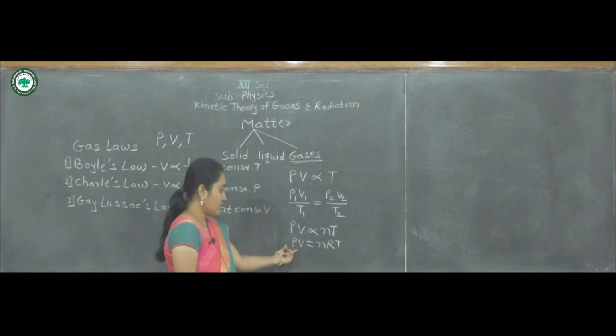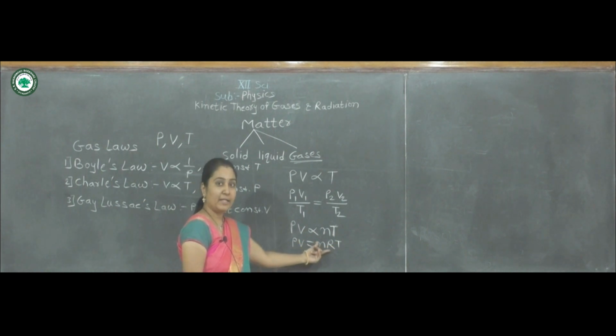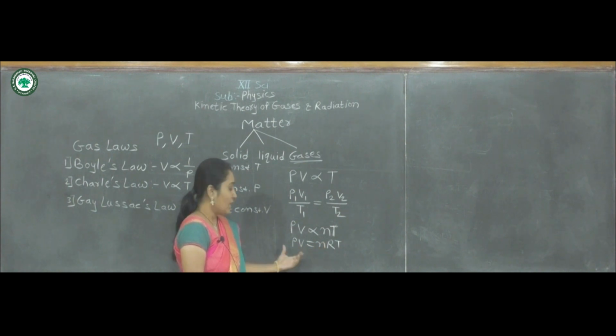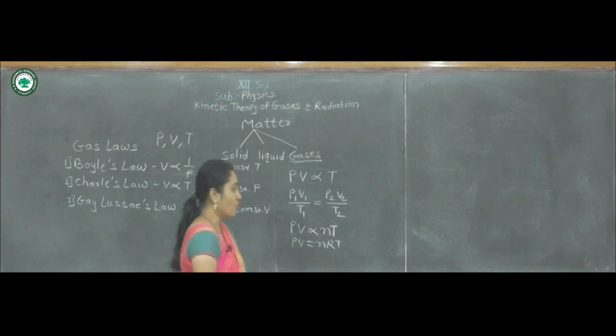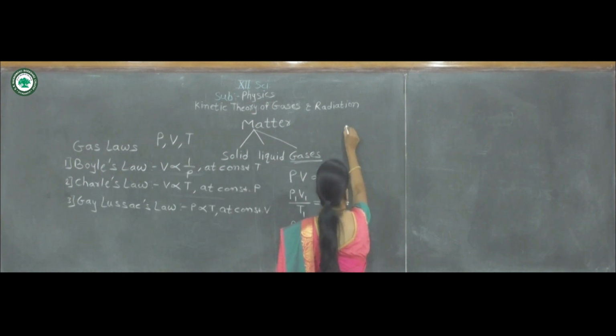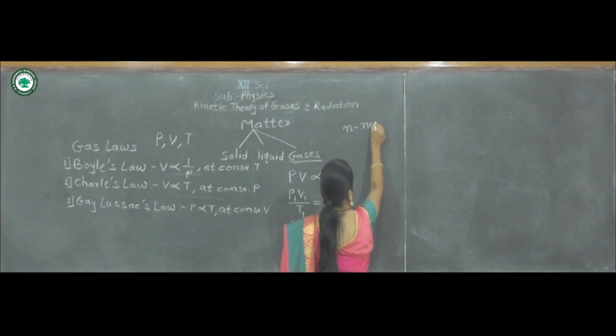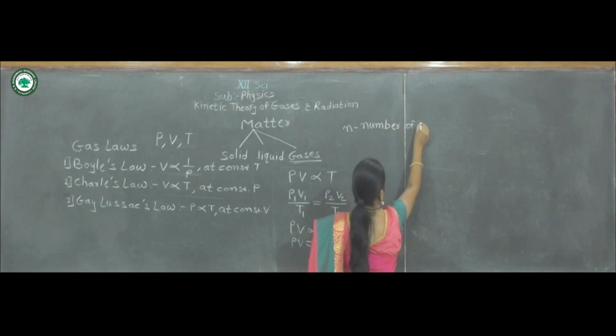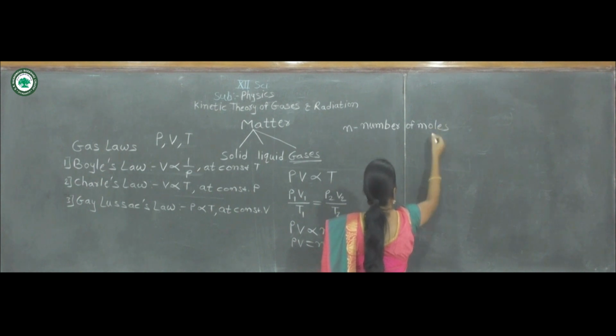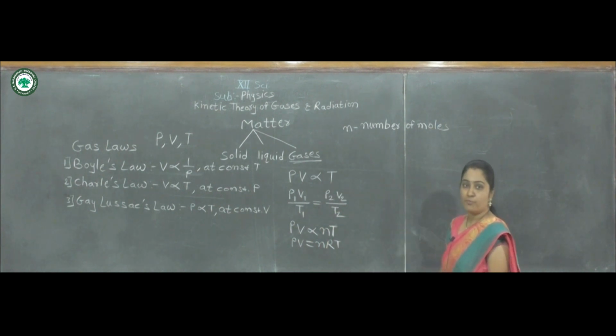This equation is called the ideal gas equation. In this equation, n is the number of moles.